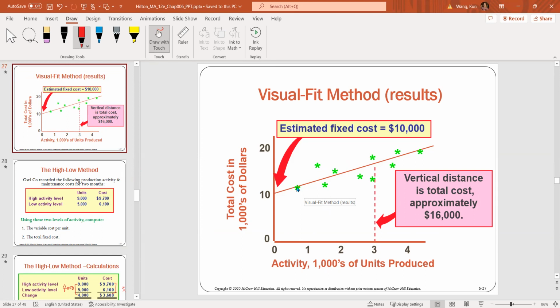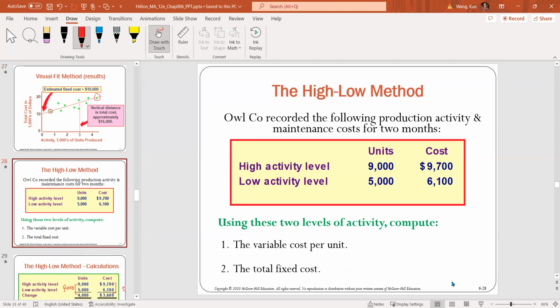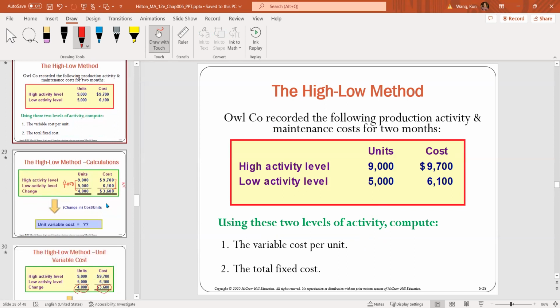Like for example, lower and higher. Okay, I'm picking two extreme data points, the largest one and the smallest one, the highest and the lowest. Then use these two data points to simulate a cost formula. And the procedure is really simple.